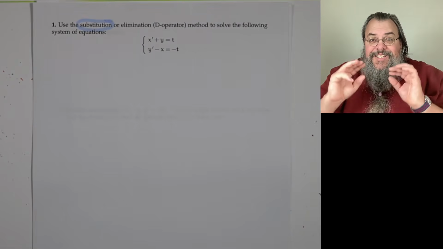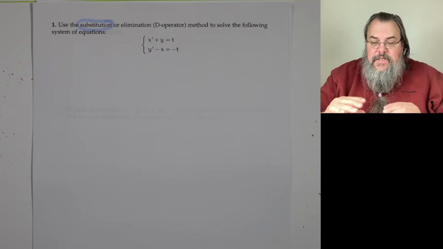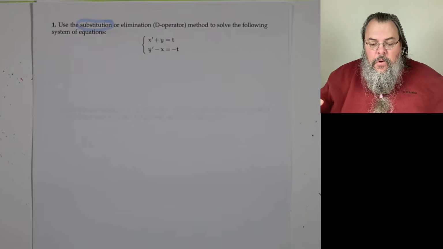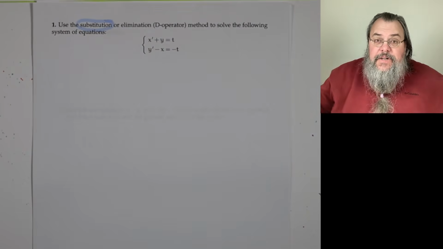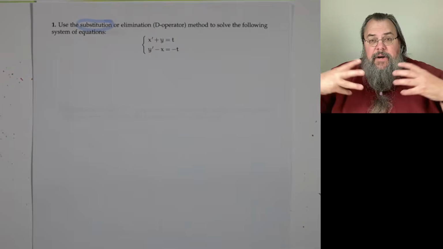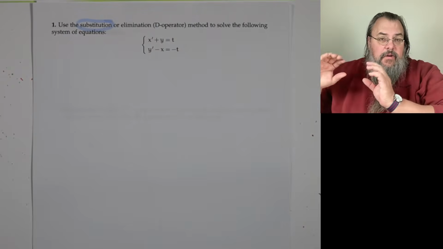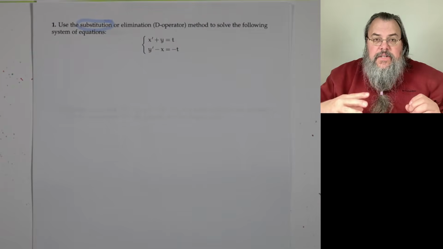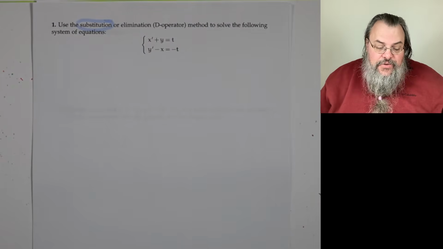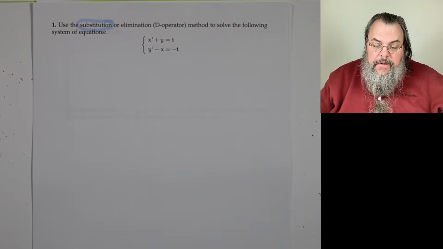Now, t is the independent variable, so we don't want to solve for t. So in other words, we're thinking here as x is a function of t and y is a function of t. So we really want to get y by itself in terms of other things, or x by itself in terms of other things. So we actually get two choices here. We can do it either way.